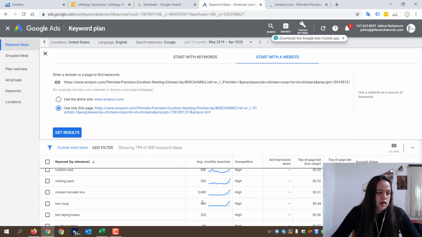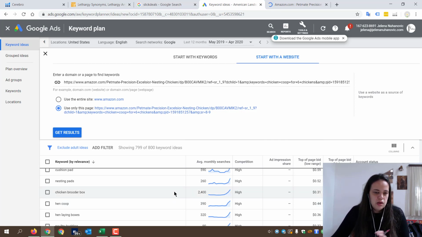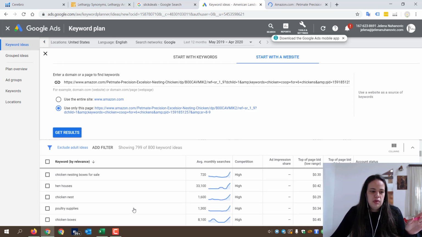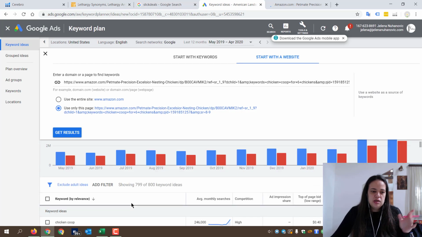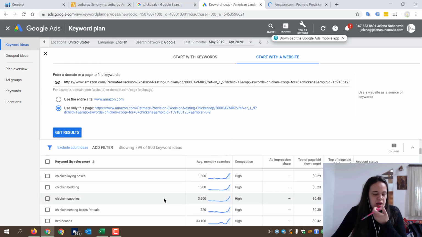its ranking. So Helium 10 is going to give you only information from Amazon, which is one website on Google, and Google is going to give you tons of other ideas that have to do something with this product, with this specific topic in general when it comes to chicken coops, and when it comes to nesting boxes, chicken houses, laying boxes, bedding, all of that.